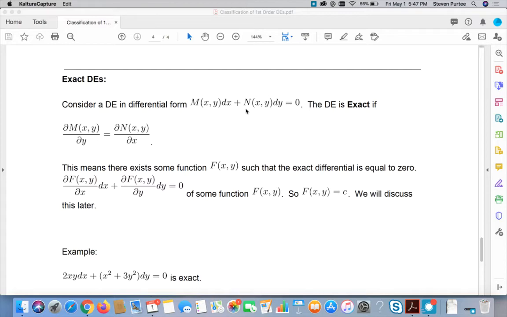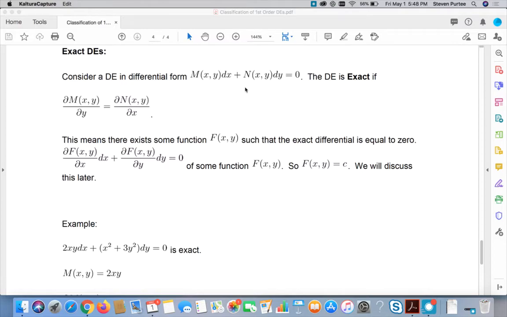We call these the mixed partials. So the guy in front of dx, I take his partial derivative with respect to y. The guy in front of dy, I take his derivative with respect to x. If we get the same thing both ways, then that DE is exact. So a little foreshadowing here.